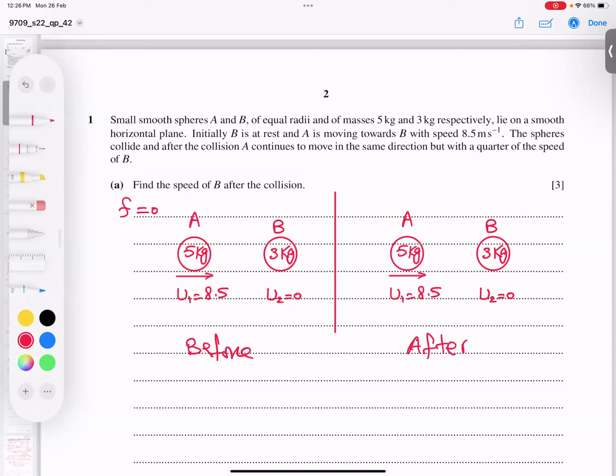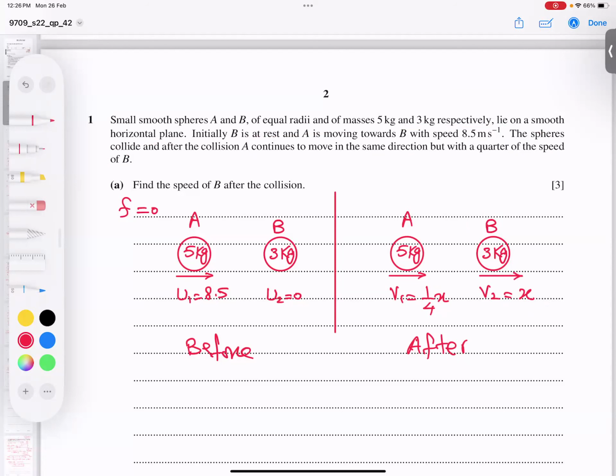After collision, A continues to move in the same direction, so the direction before and now is the same, with a quarter the speed of B. Let's say the speed of B, V2, is X, and V1 becomes 1/4 of X. Repeat, A will move with a quarter of B's speed. If B's speed is X, A's is 1/4 of X. I hope it's clear.